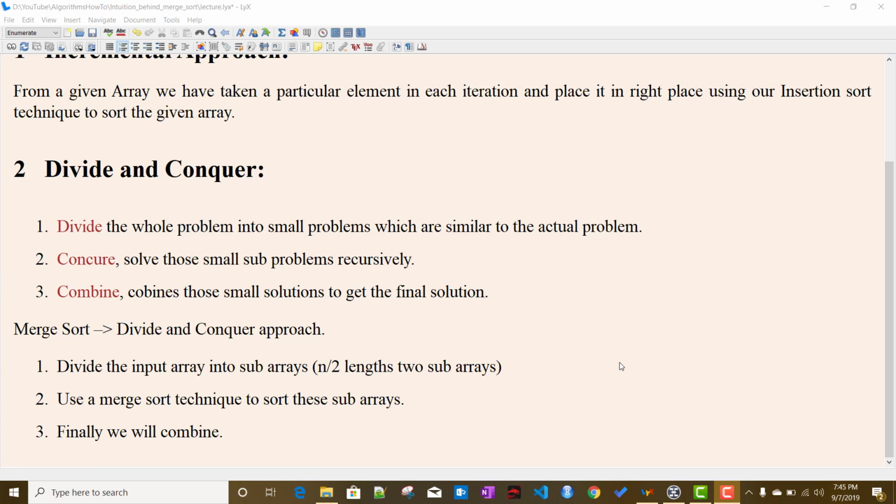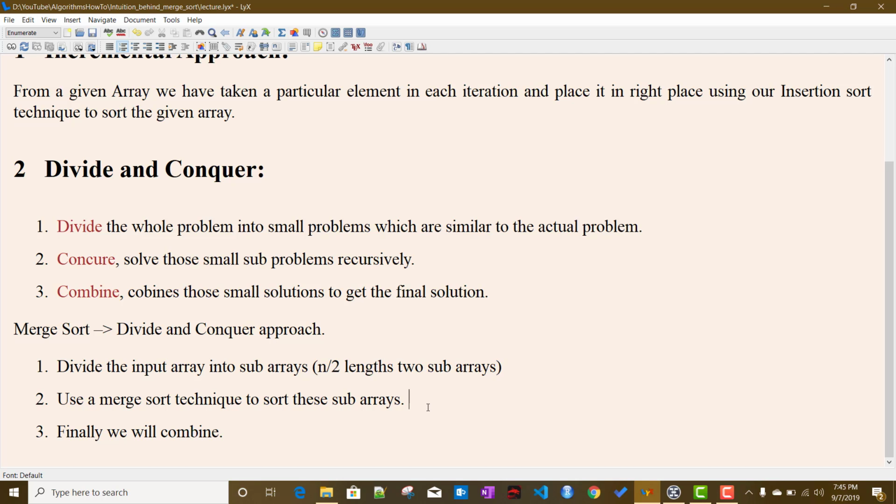So now let us talk about this merge sort technique. One thing we have to remember is that it always works on arrays which are already sorted. That means when we merge two arrays, those two input arrays have to be sorted.